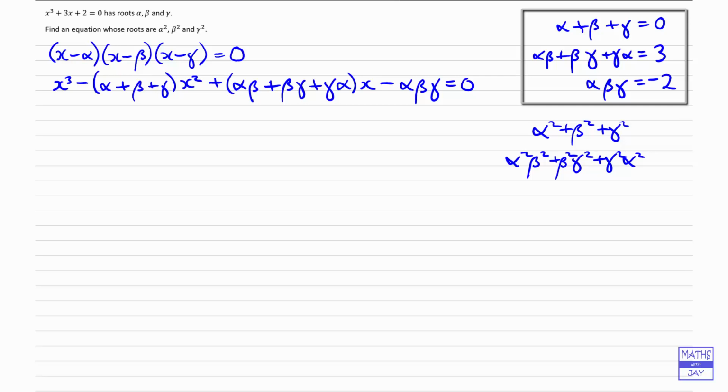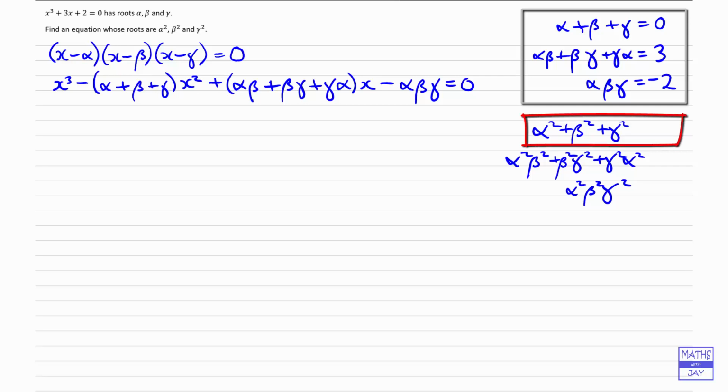And finally we'll want the product of those roots, so that's alpha squared beta squared gamma squared. So we need to work out all of those from what we're given. So let's start off with the first one.